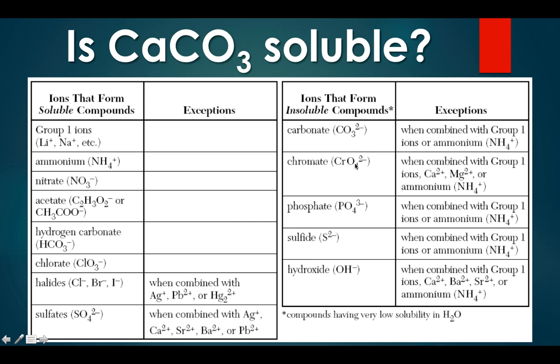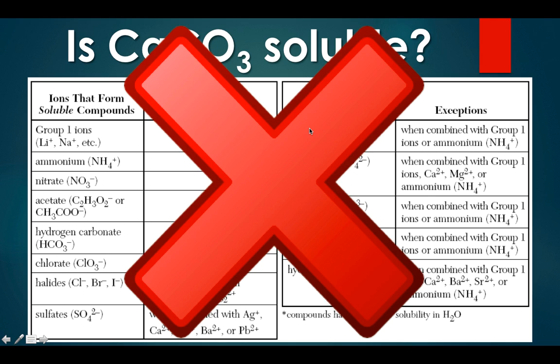If you look here in Table F, it says that carbonate ions form insoluble compounds, except when they are combined with either group 1 ions or ammonium. Now here we have carbonate combined with calcium, and calcium is a group 2 element. So because of that, carbonate is insoluble. So the entire compound is not soluble. It's insoluble.